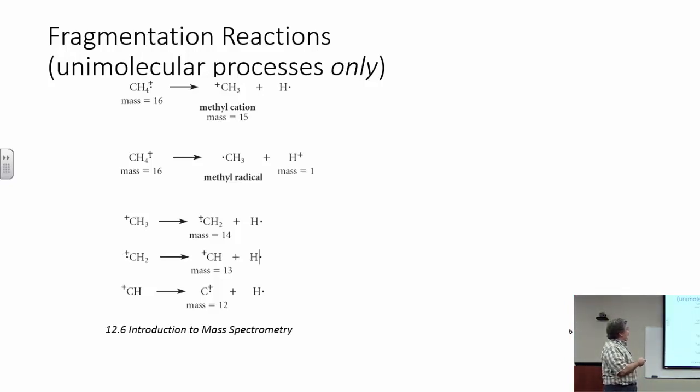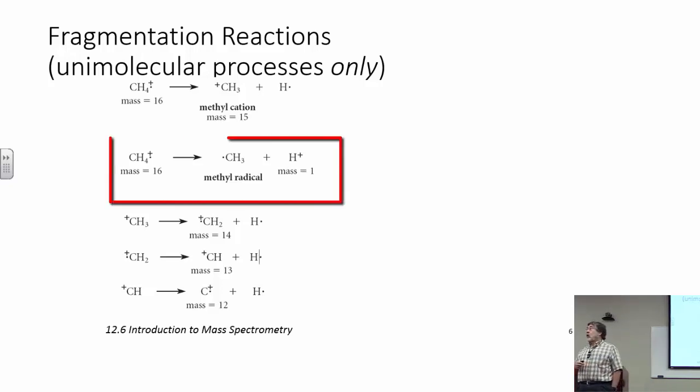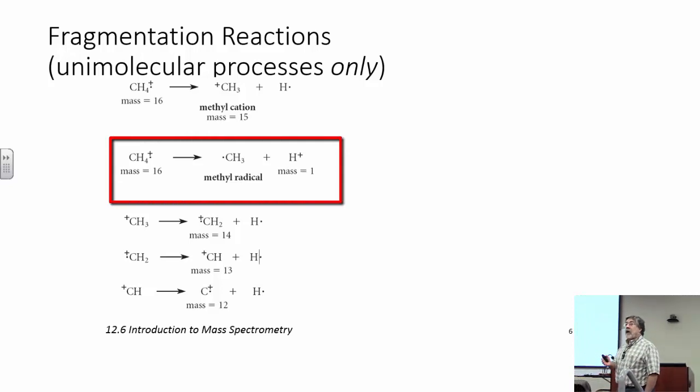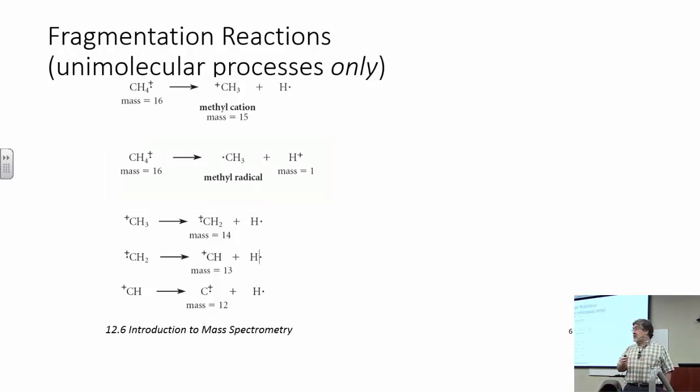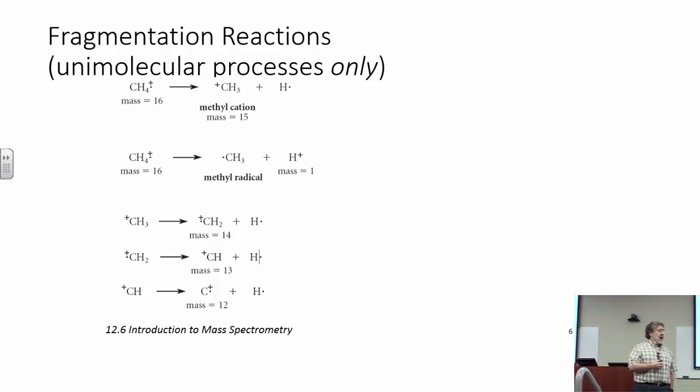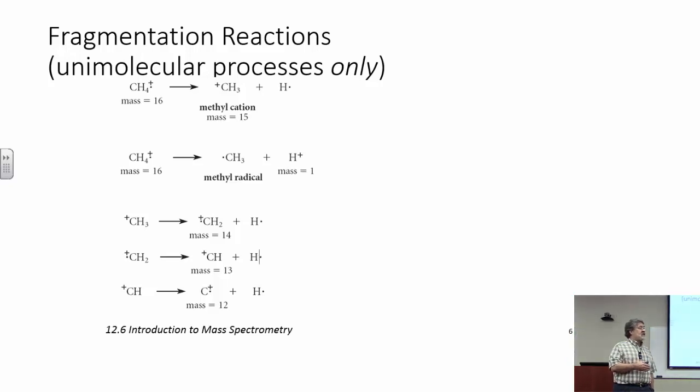Now, realize that if the process can happen this way, it can also happen the other way. In other words, lose a hydrogen ion, not an atom. Now that changes who has the charge and who's the radical. So the hydrogen has the positive charge. The methyl now has the radical. So in that case, the hydrogen cation is seen by the instrument, but the methyl radical is not.